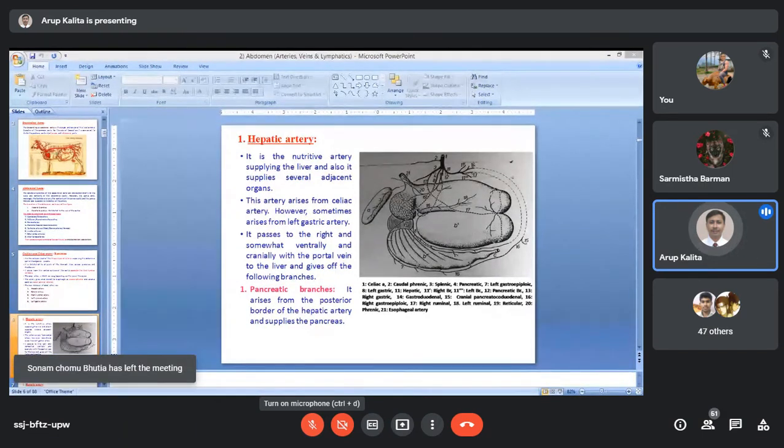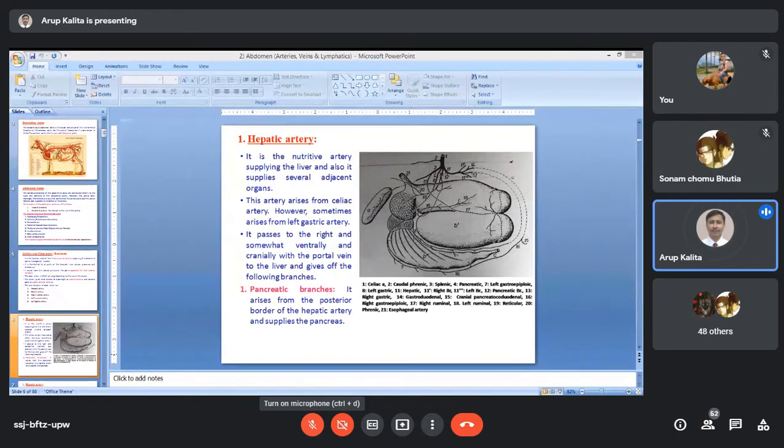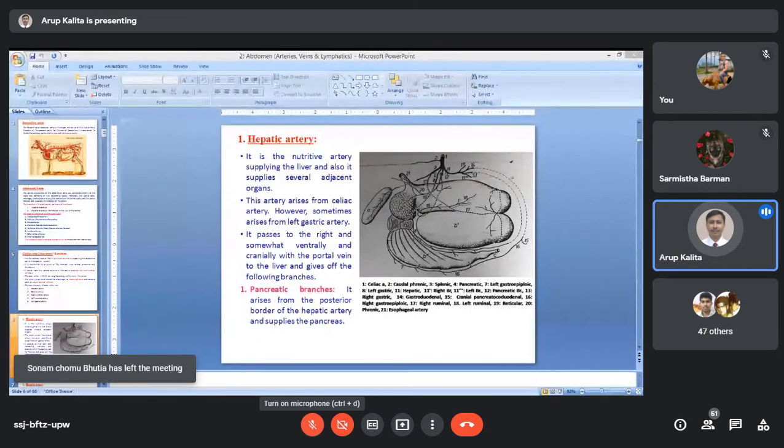So what is the hepatic artery? It is a main branch of the celiac artery that will supply oxygenated blood to the liver. But during its course, it will also give different branches. One branch is called the pancreatic branch, and the pancreatic branch will supply the pancreas. Now if I ask you which artery supplies blood to the pancreas?